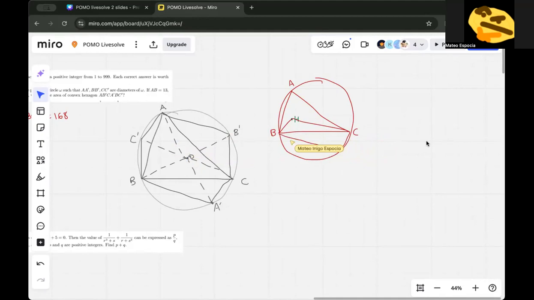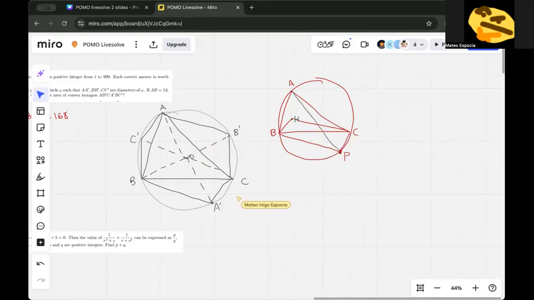If you create a parallelogram for BHC, let's say this point is P. So this point is not only on the circle, but AP is also a diameter of the circle.